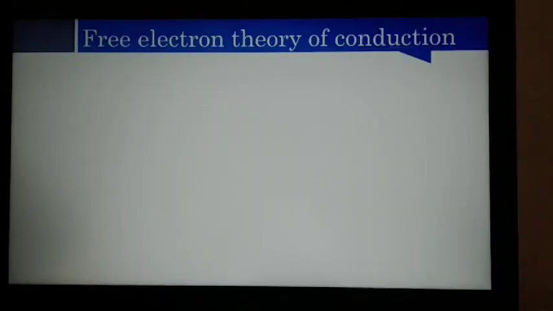Then only electric current is possible. So we have to discuss what the mechanism of current flow is. The mechanism of current flow is named the free electron theory of conduction.